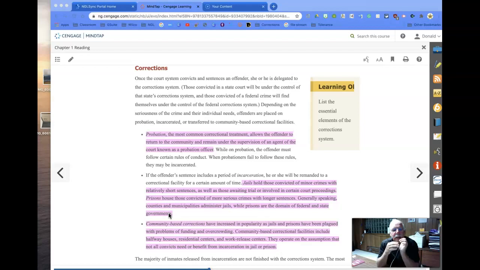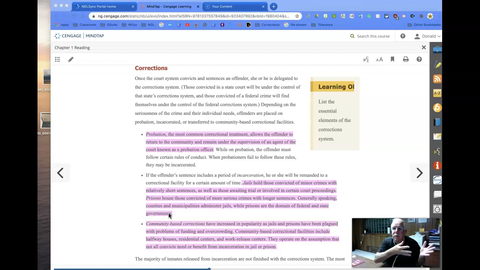Probation allows offenders to return back to the community while remaining under the supervision of the court, specifically a probation officer. So probation, the offender doesn't serve any jail time or prison time. They're simply put on probation. They're found guilty. The judge sentenced them. Boom. I sentence you to 2 years of probation.